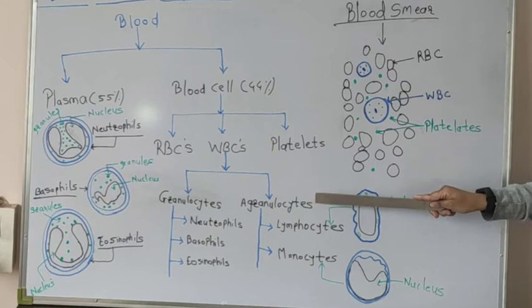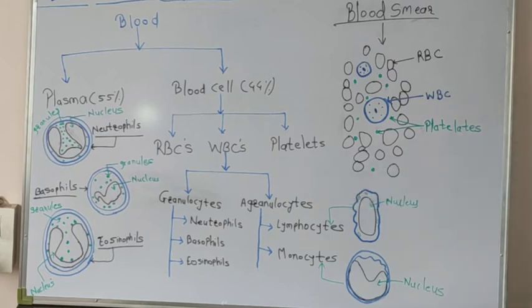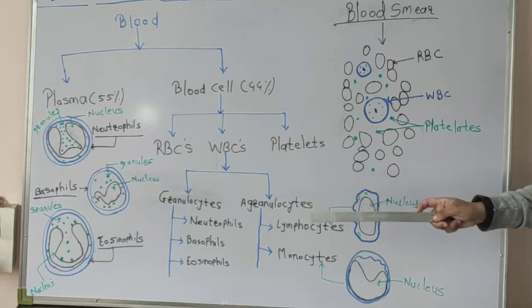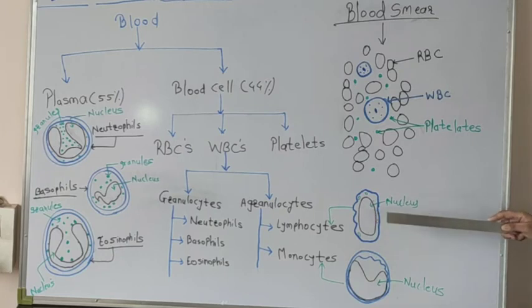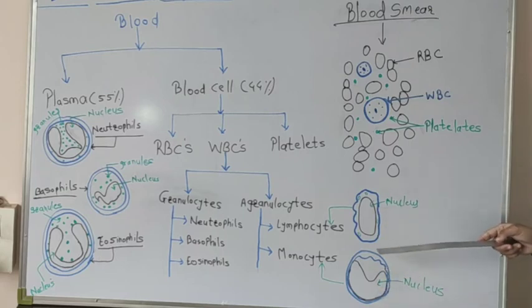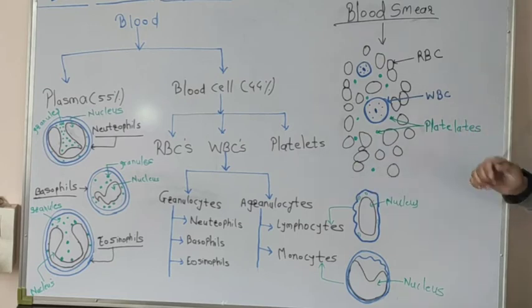Basically these agranulocytes are made up of stem cells, that is, lymphoid stem cells, and again they get divided by the mitosis process. But as compared to granulocytes, these agranulocytes have a large nucleus. You can see in the diagram, the nucleus is large as compared to granulocytes.